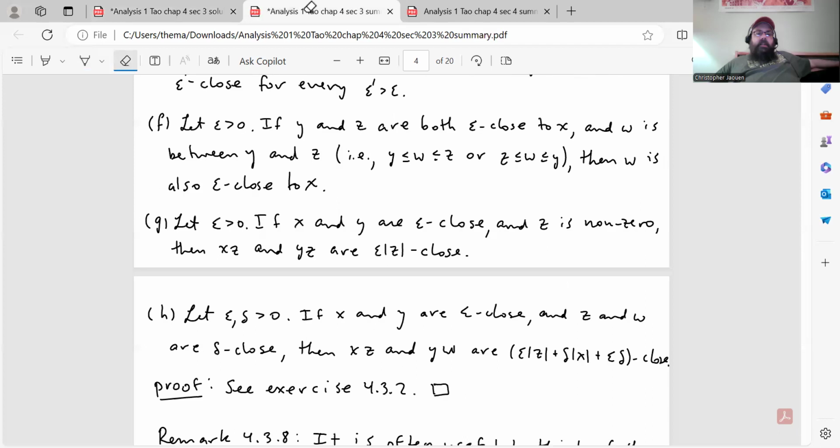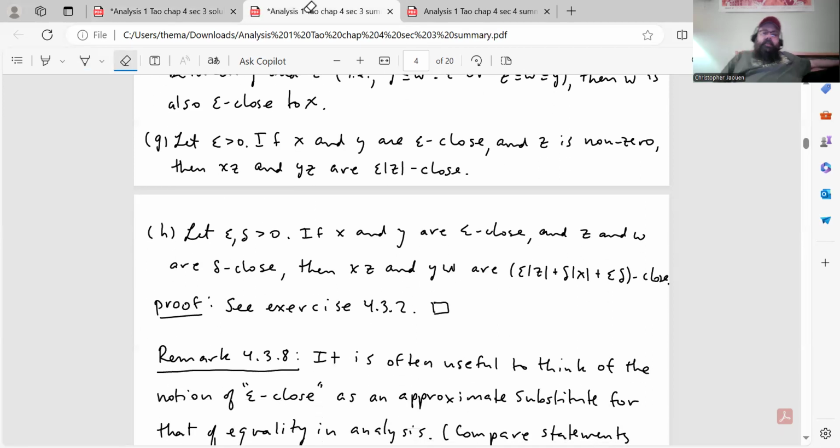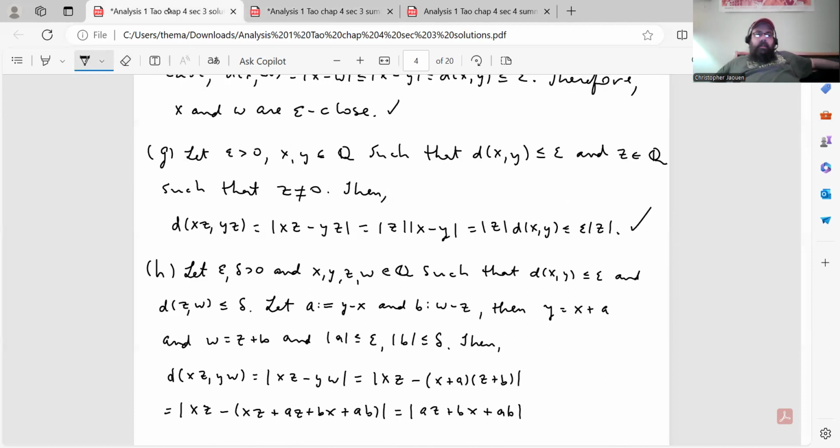Right, part G says let epsilon greater than 0. If x and y are epsilon close and z is non-zero, then xz and yz are epsilon times absolute value of z close. Right, so here's the proof. Let epsilon greater than 0, x, y rational such that the distance between x and y is less than or equal to epsilon, and z a rational number such that z is not 0. Then we'll look at the distance between xz and yz.